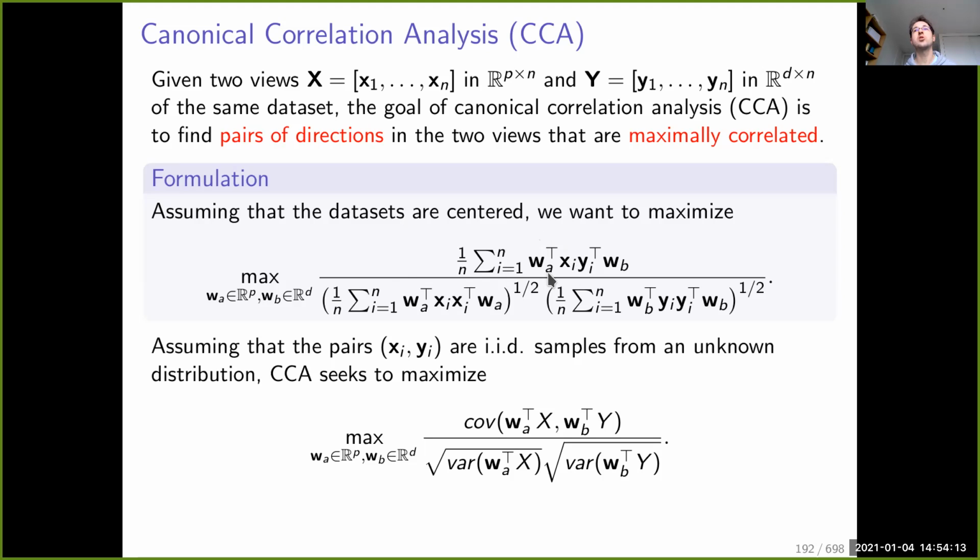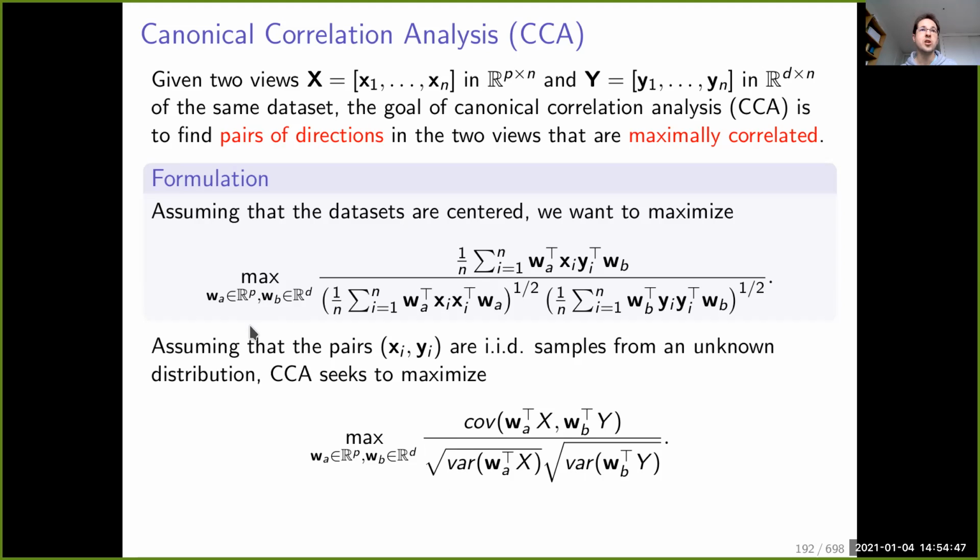So we get these projection coefficients, and the correlation is simply this sum divided by n of the coefficients for every data point I. So xi represents a view of a specific point I, while yi represents another view of this point I. And we have also this normalization factor here, which can be seen simply as the variance of the projections.